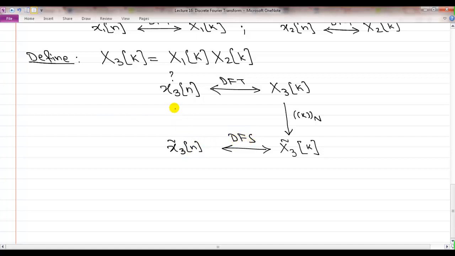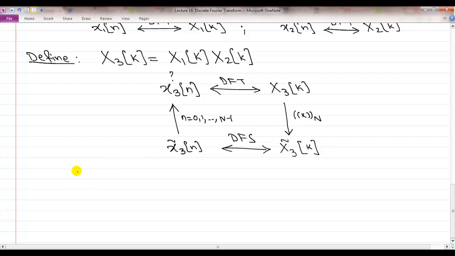And when we extract one period of that x3 tilde of n, computing n equal to 0, 1 up to N minus 1, that will give the answer to what is x3 of n.